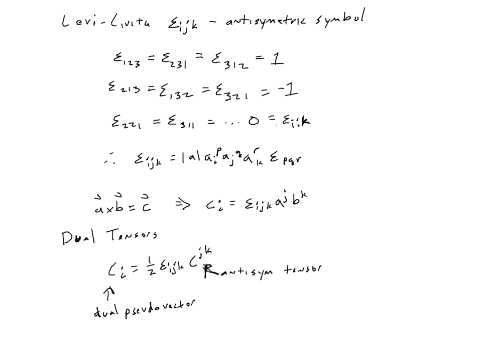And so when you multiply this tensor by the pseudo vector, you're going to have either 1 or minus 1 come up for each one of these terms. So you'll have a 1 times C23, and a minus 1 times minus C23. They add together to give you the same thing.